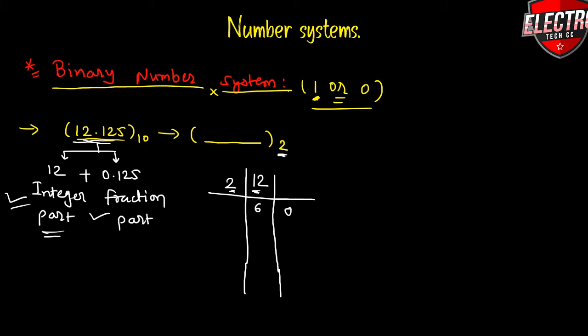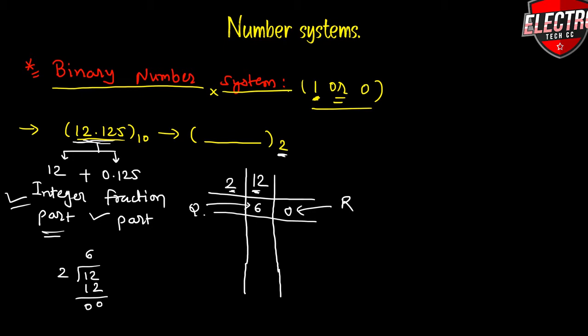If I divide 12 by 2, then 2 multiplied by 6 is equal to 12 and the remainder is 0. Here is the remainder value and here is the quotient value. You have to divide the given number until it is converted into 0 or 1.